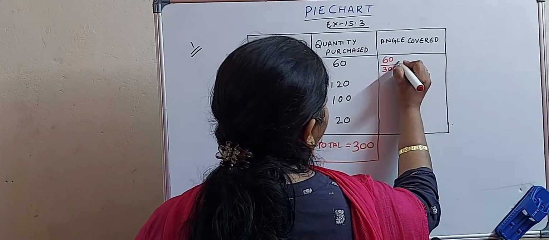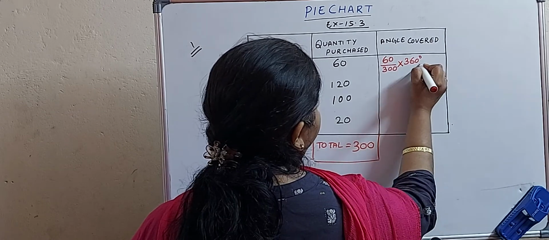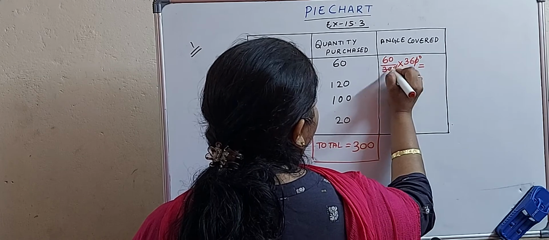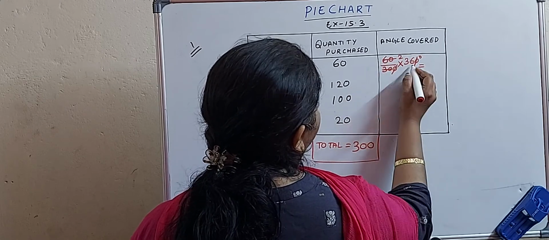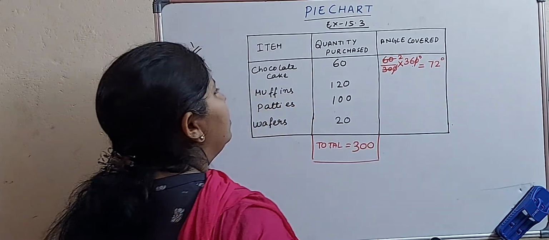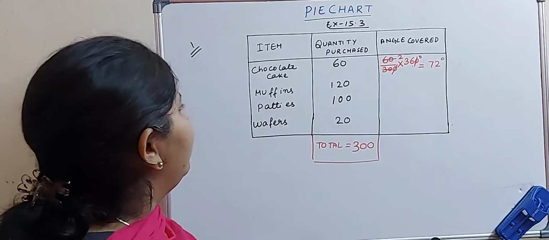So 60 by 300 into 360 degrees gives us 72 degrees. So for chocolate cake, we have got the answer as 72 degrees.